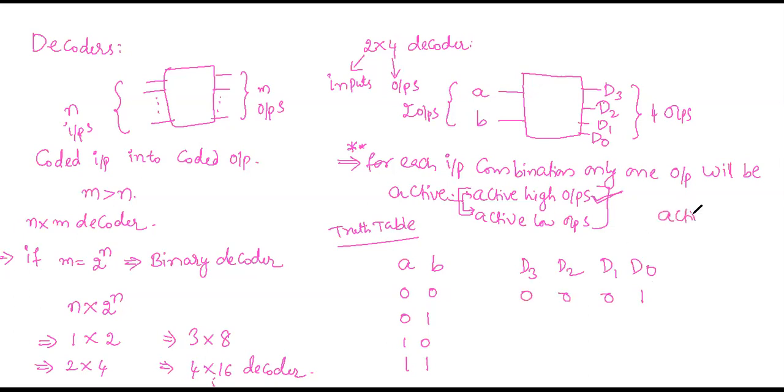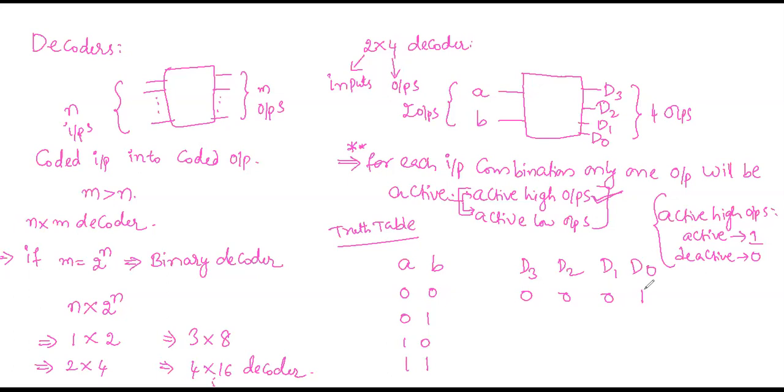Active high outputs: active means 1, deactive means 0. So what is the equivalent of 0, 0?